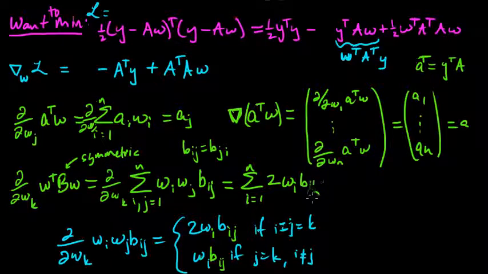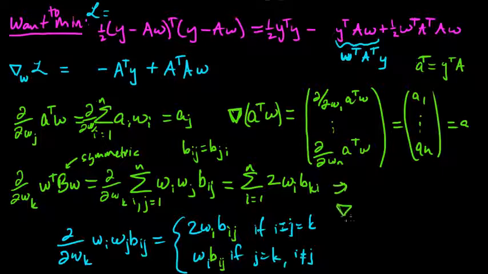And that's the same as bki, because b is symmetric. And so this is just 2 times the kth row of b, the inner product of that with w.